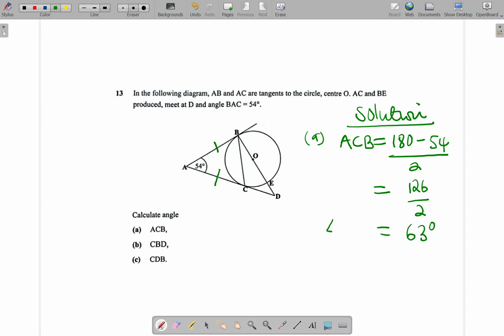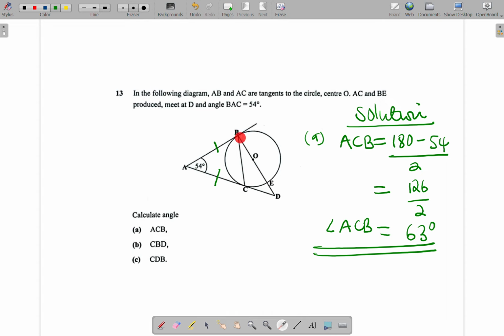This is my angle ACB. Great, you are done there. Very easy indeed. Now let's look at angle CBD. Angle CBD is this one.